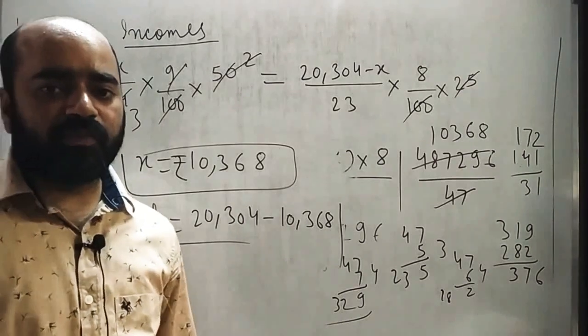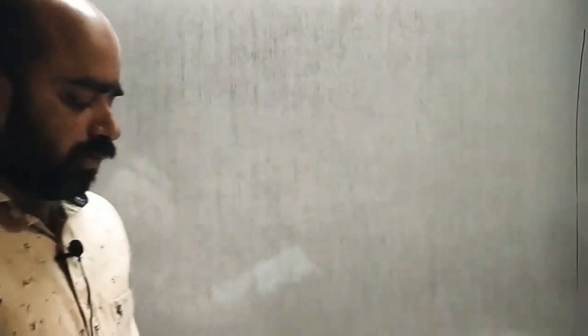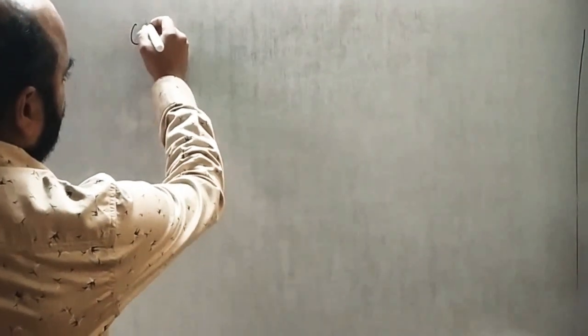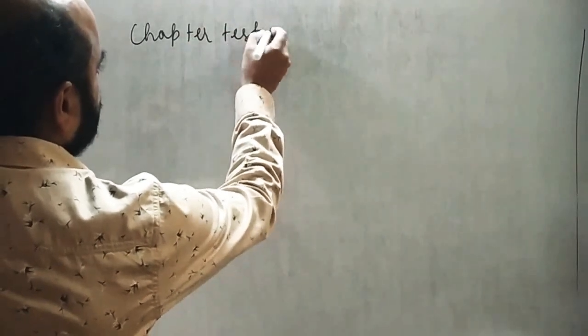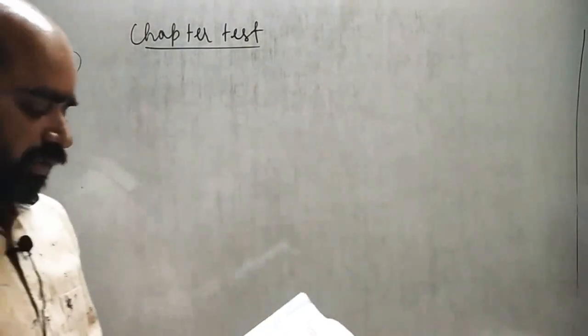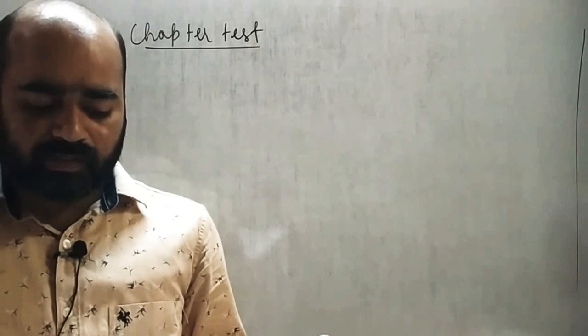Now we will discuss the chapter test. Next we will discuss chapter test, question number 6. The question is, a man has some shares of ₹100 par value paying 6% dividend.